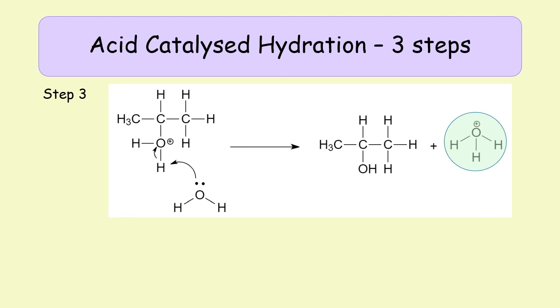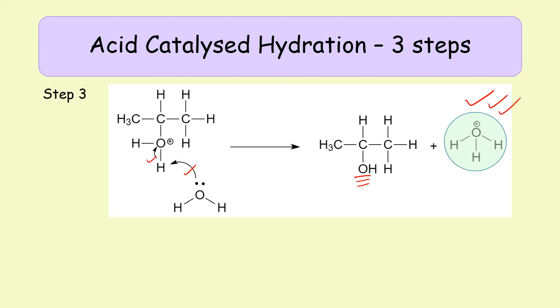Our final step involves removing one of the hydrogen atoms from that water molecule that has just been added onto our carbocation. How this occurs is a water molecule from the solution that the reaction is in, its lone pair of electrons will bond to the hydrogen so that the hydrogen-oxygen bond can break, getting rid of the positive charge, resulting in a hydroxyl group forming, and you've regenerated your catalyst from the start.